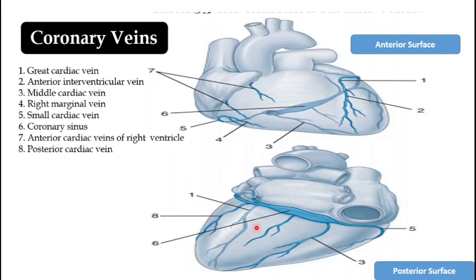Now these Thebesian veins do not drain their deoxygenated blood into either the coronary sinus or directly into the right atrium. Instead, their deoxygenated blood drains directly into the four chambers of the heart.